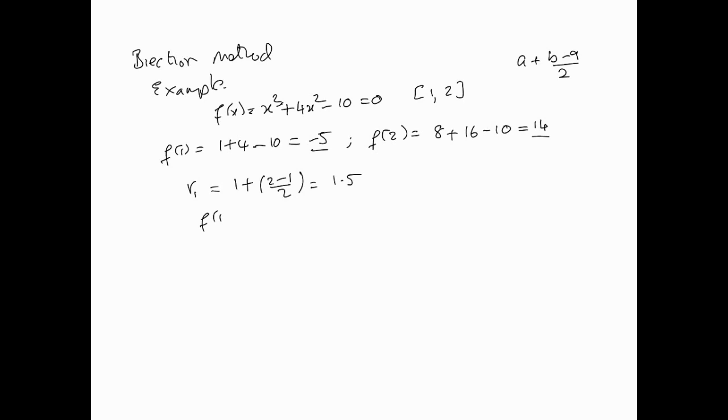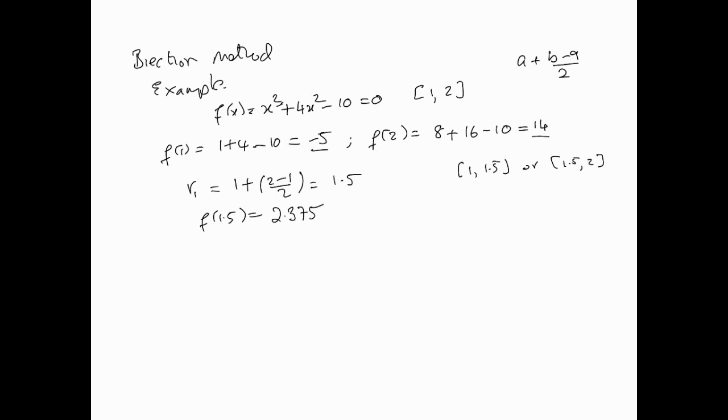Now, what is f of 1.5? Let's check it: 2.375. Just trust that it's correct. 2.375 is clearly not 0, so that means it's not our root. Now, remember our new intervals: there are two intervals now, 1 to 1.5, or the root is 1.5 to 2.